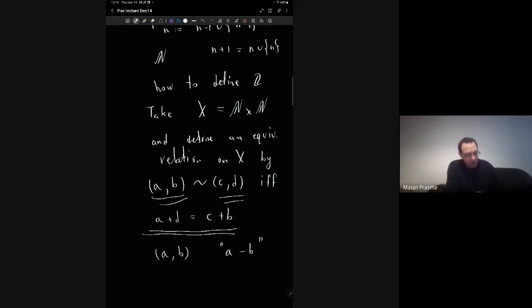The reason you can think of it that way is the way we define the equivalence relation.